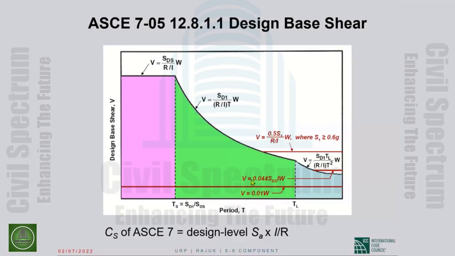One is 0.44 S sub DS times I times W, 0.44 S sub DS short period design spectral acceleration I times W, but never any lower than 1% of W. So if S sub DS is very small, this can be lower than 0.01, but we will not take it ever any lower than that. Okay, 0.44 S sub DS I times W, that is applicable in all seismic design categories.